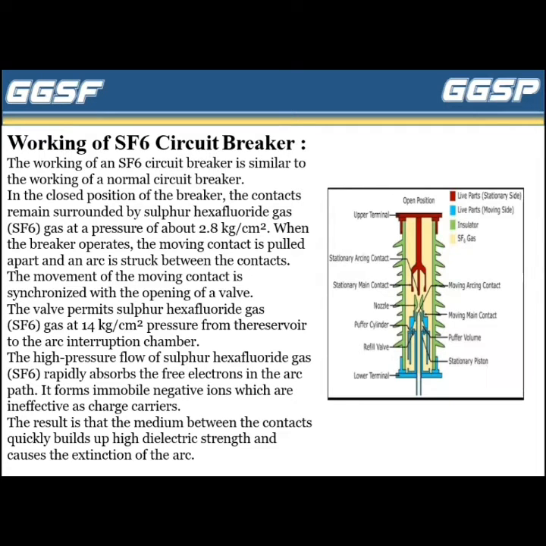The valve permits sulfur hexafluoride gas at 14 kg per centimeter square pressure from the reservoir to the arc interruption chamber. The high pressure flow of the sulfur hexafluoride gas rapidly absorbs the electrons in the arc, and it forms immobile negative ions which are ineffective as charge carriers.